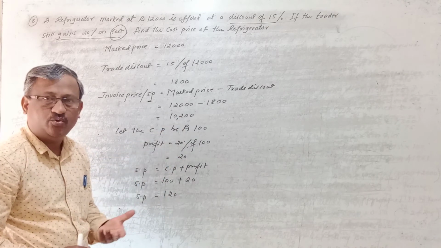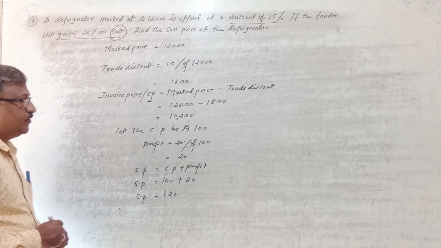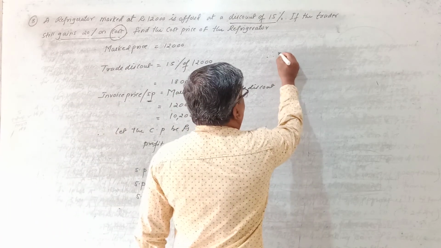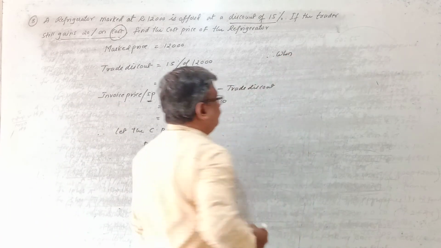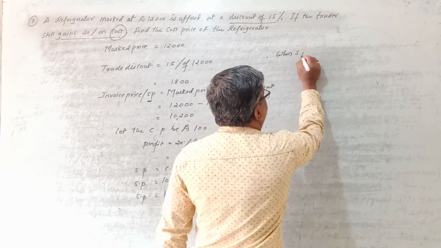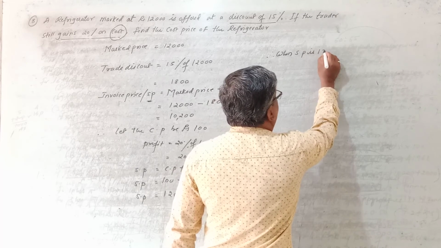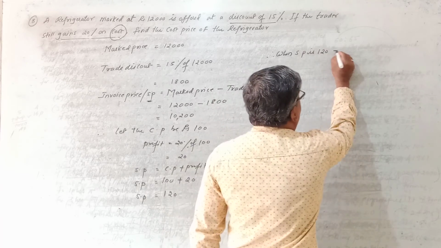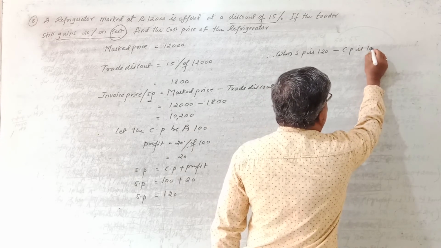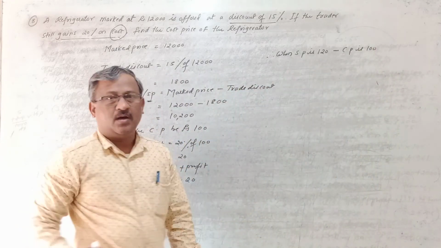For that we need to put the equation. When selling price is 120, my cost price must be rupees 100. This is as per my assumption.